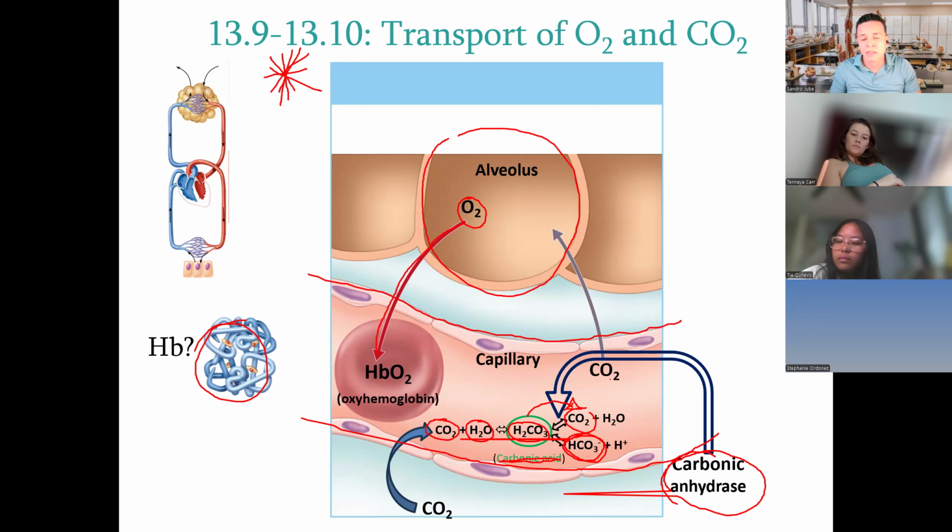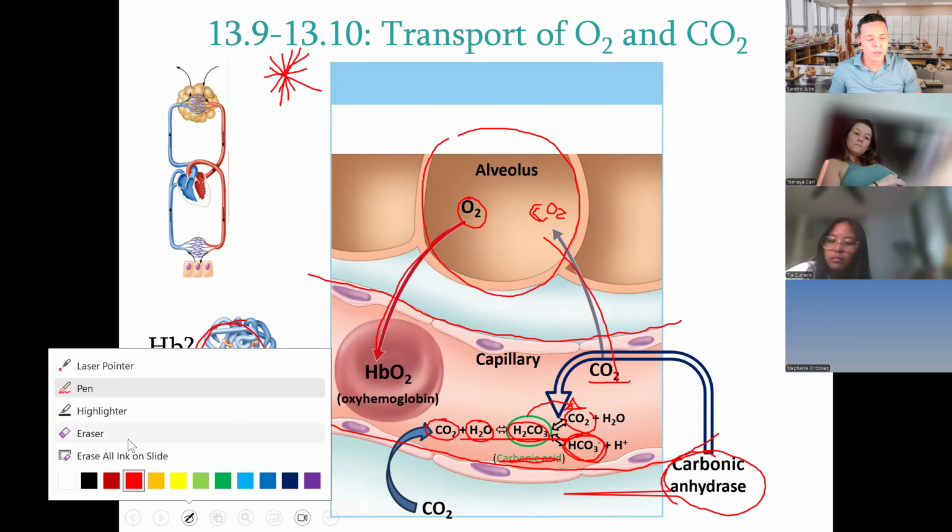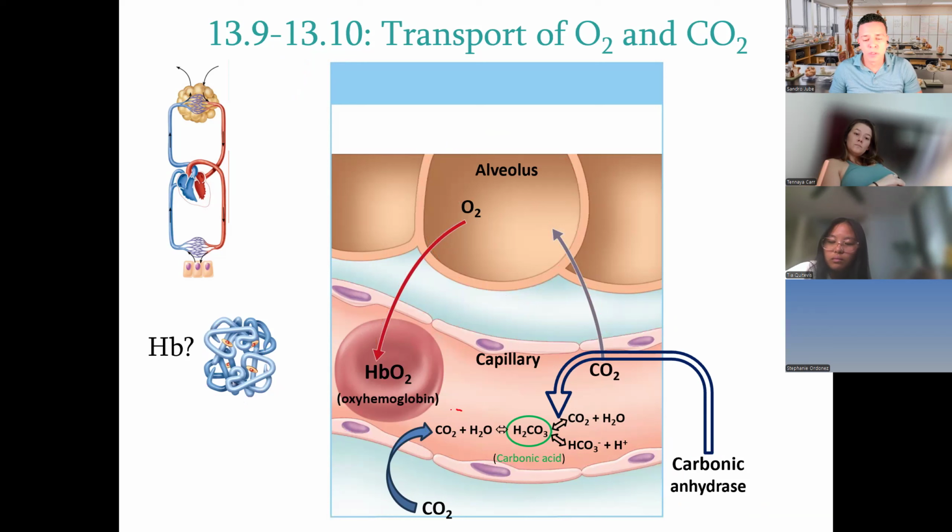And now that CO2 can leave the capillary, go inside of the lungs, inside of the alveoli, so that we can exhale that CO2. Folks, you need to know this chemical reaction right here for the exam. I will ask you questions about this in the exam.